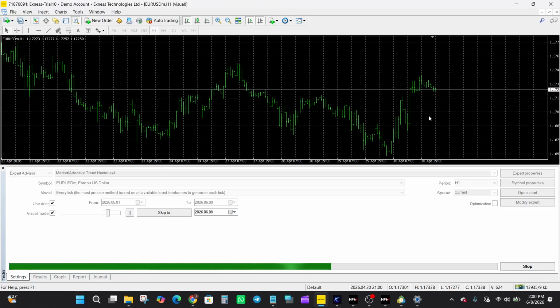Okay, but overall, the Adaptive Trend Hunter presents itself as a specialized MT4 expert advisor that is focused exclusively on the EURUSD pair on the H1 time frame. Now, the developer emphasizes proprietary trend recognition technology, built-in money management flexibility, and protective mechanisms designed to handle changing market conditions.